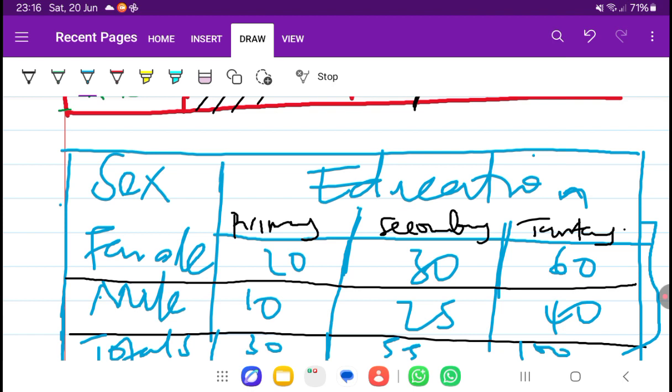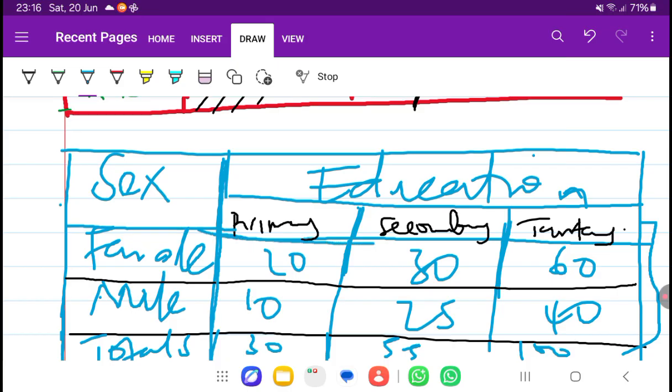So the table will actually look like that. I hope you have been able to get it. These could be levels of education.